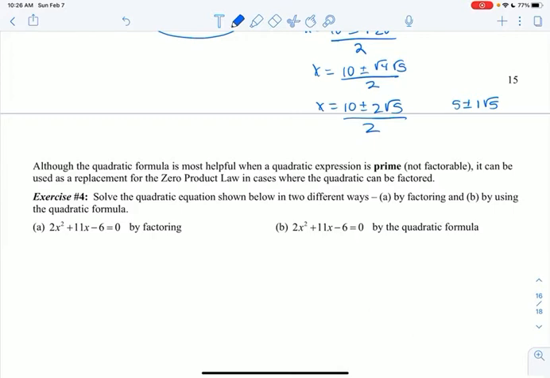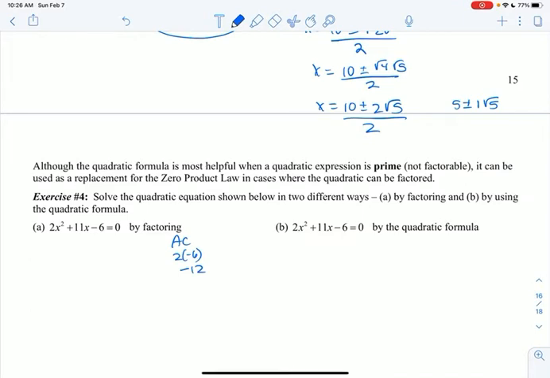All right, so for factoring, I would have to do my AC method. I was just going to do it by guessing, but most of you use the AC method, so let me do that as well. So the AC method, 2 times negative 6 is negative 12.